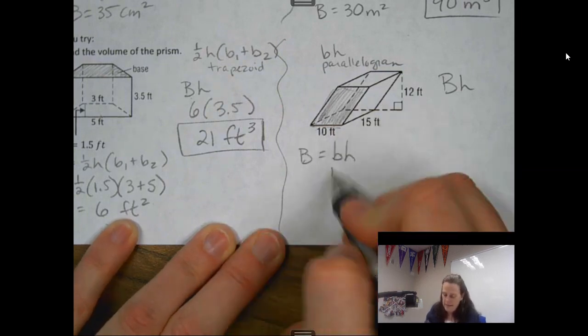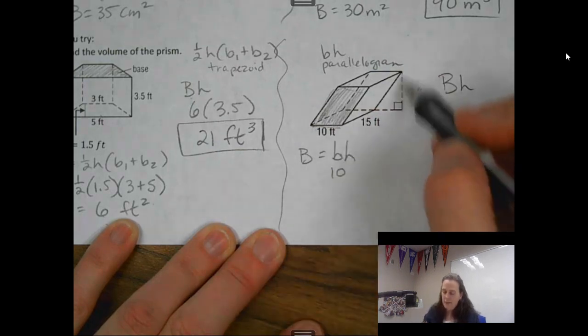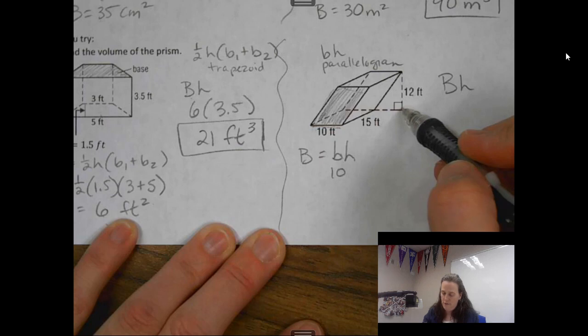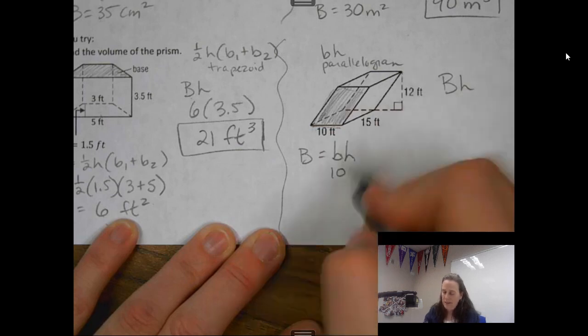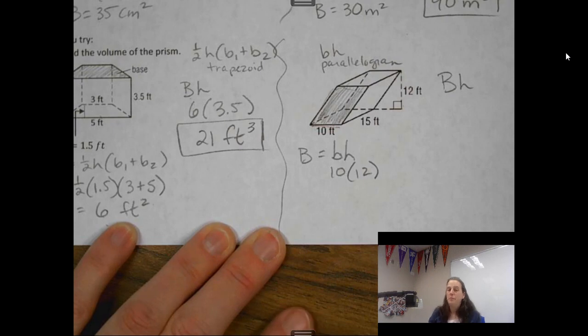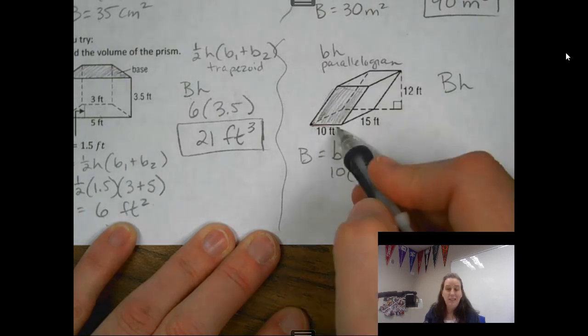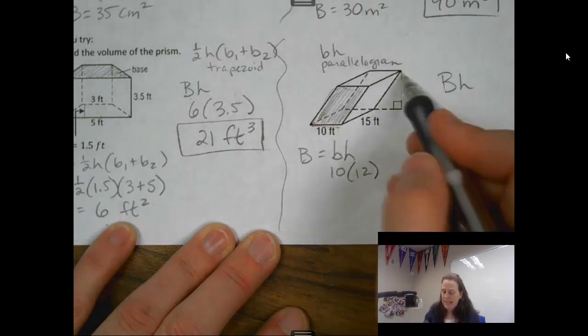Base right here is 10. And the height, they gave us down at the other end. They told us if we extend that and then draw the perpendicular to it, it's 12. So sometimes you have to pick pieces out from odd spots, but that is that back parallelogram, which has to be the same as the front one, and its height is 12.